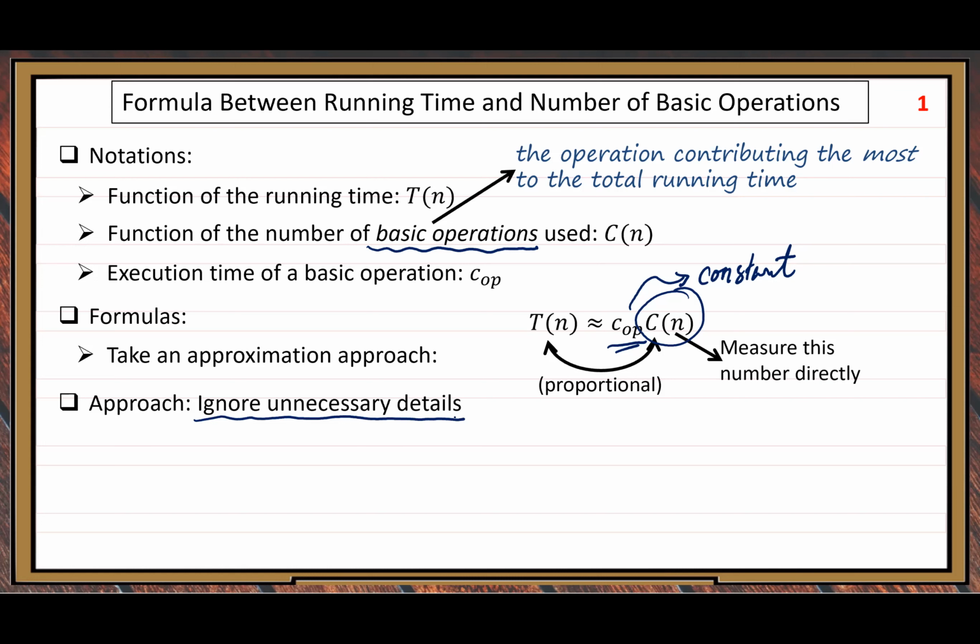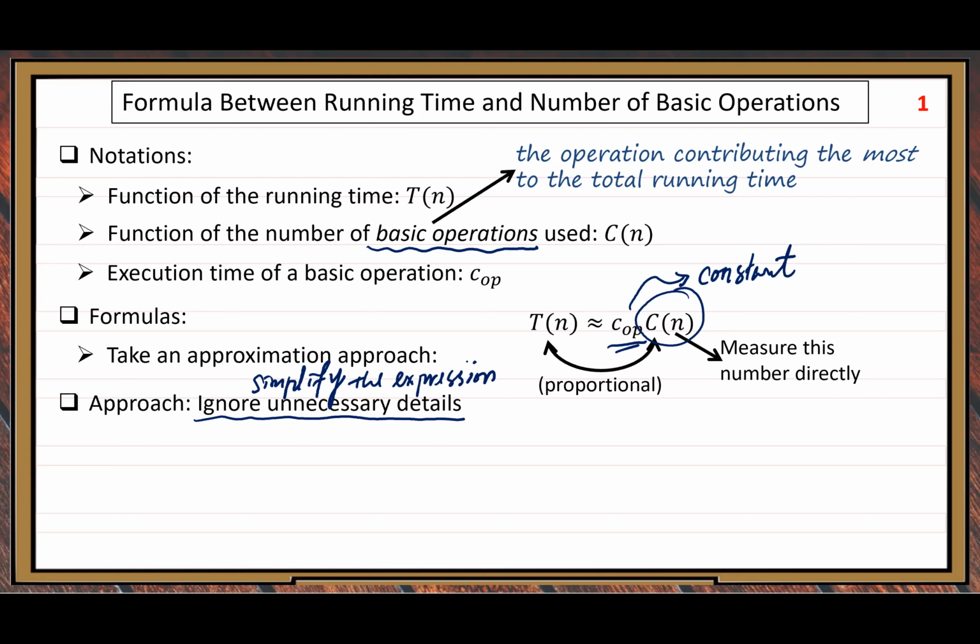We try to ignore unnecessary details to simplify our expression, because after you ignore unnecessary details, your expression becomes much simpler.